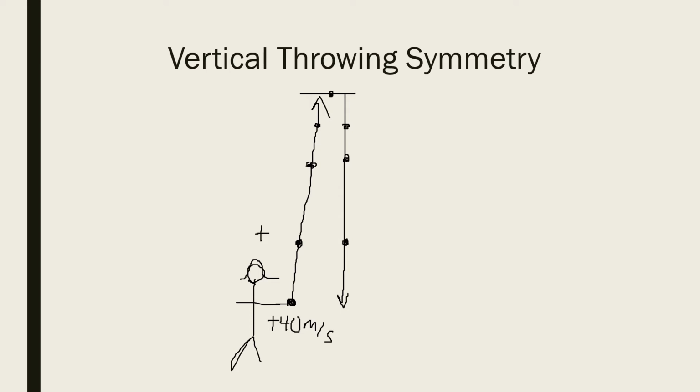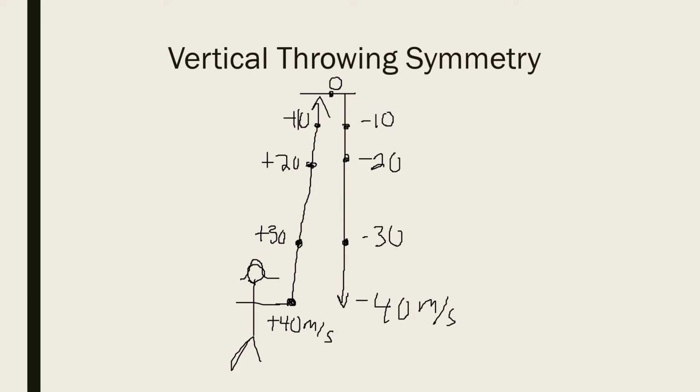So then the speed here would be plus 30, plus 20, plus 10, 0, minus 10, and all these are meters per second. Minus 40, okay?